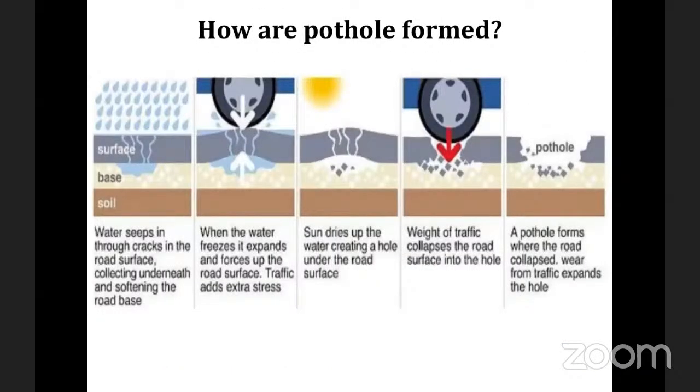So this is a clean picture which will tell you how these potholes are formed. As we see, cracks are formed on the surface, and the water seeps through these cracks to the road surface, to the base, to the soil. Once this water freezes, it expands and forces up the road surface.